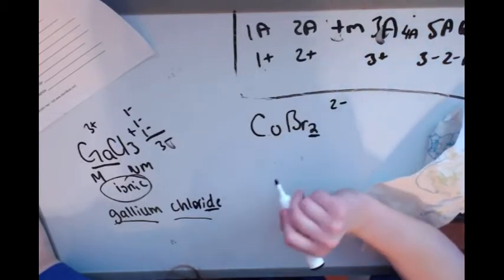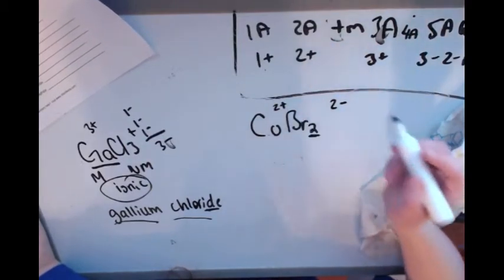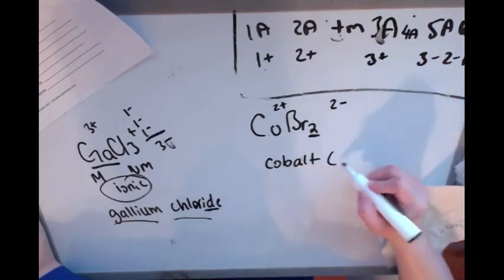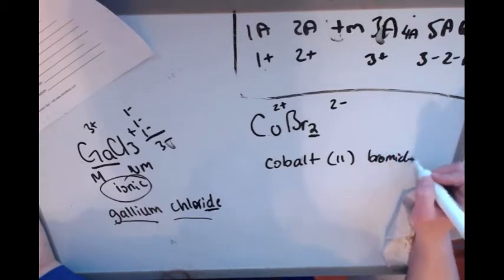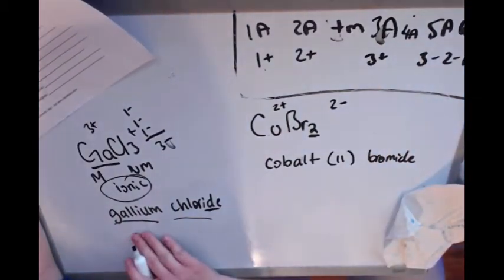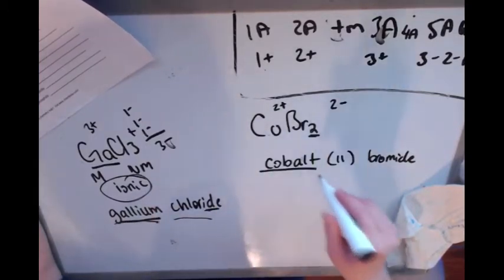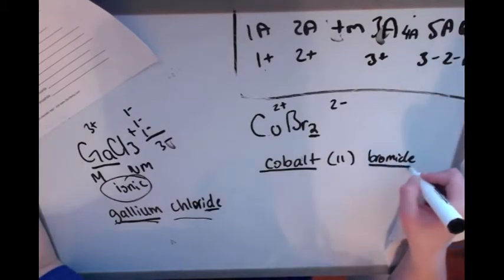And there's 1 cobalt, so that 1 cobalt has to equal 2+. So we write it as cobalt, Roman numeral 2, for the 2+ charge, bromide. So same thing here, we write just the name of the atom for the cation, and we turn the anion's name into "ide" at the end.